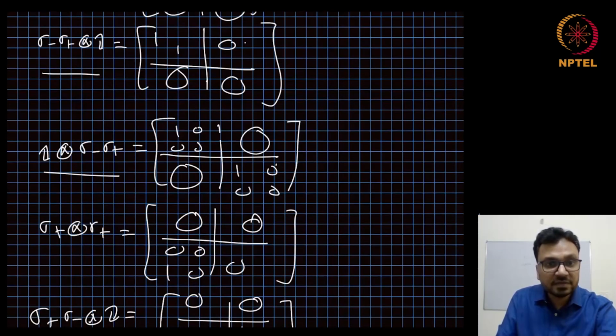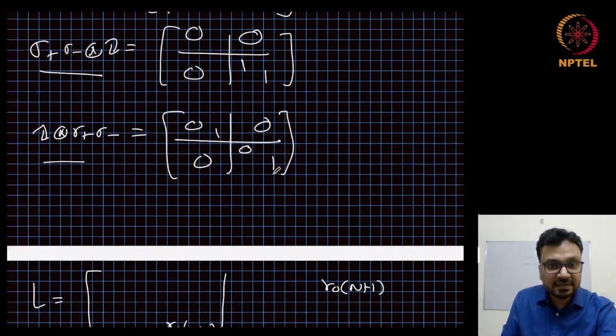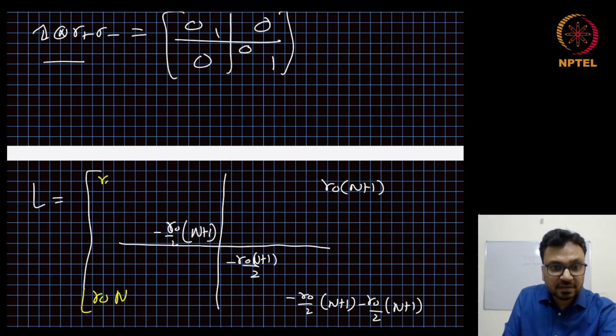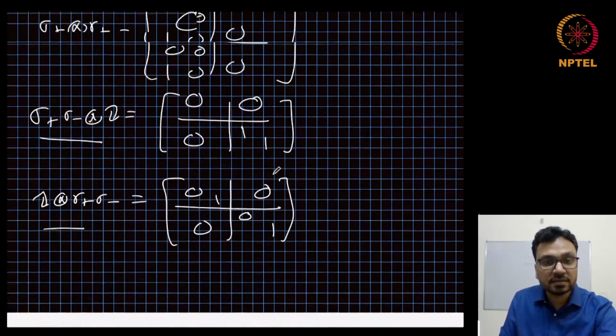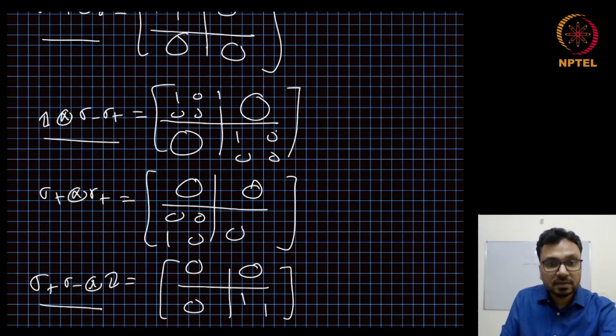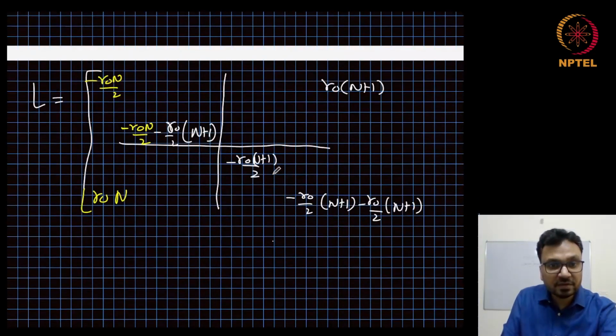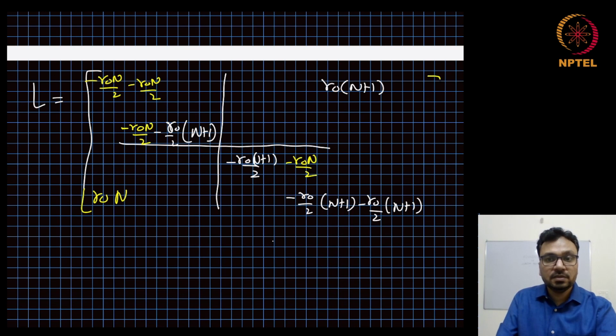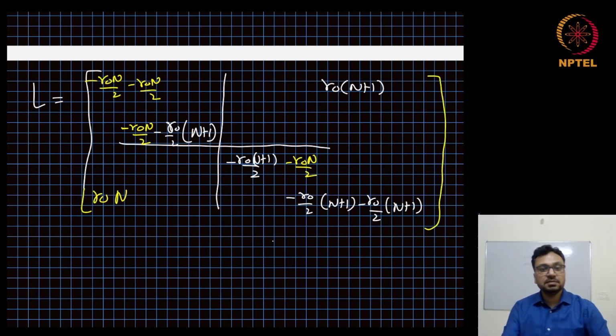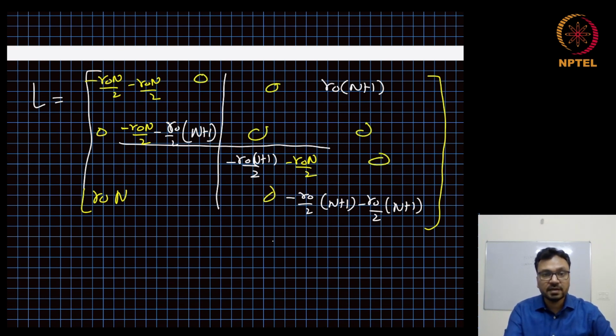And we have sigma minus sigma plus tensor identity, which gives minus gamma naught n over 2, and minus gamma naught n over 2. So this becomes our L matrix. Everything else is 0.